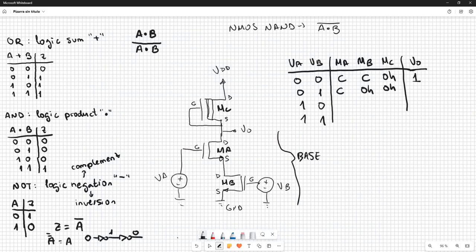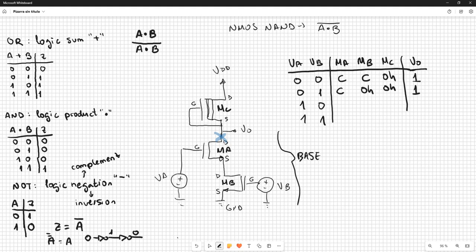In this case, the A transistor is in cutoff, and the output is going to be 1, and I'm going to explain everything. So here we have this branch cut.